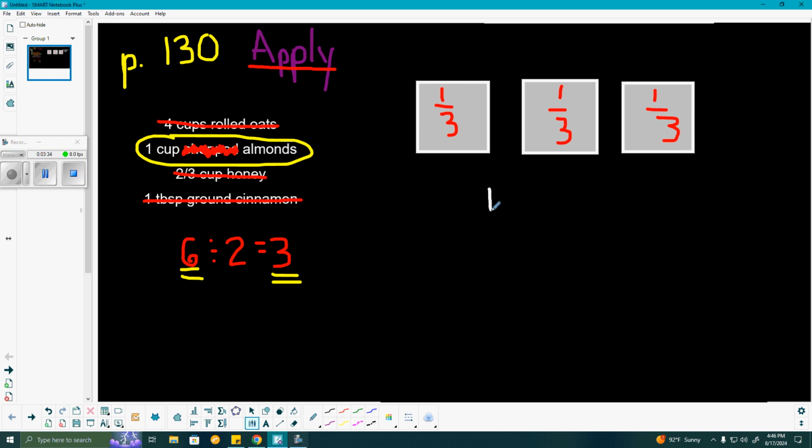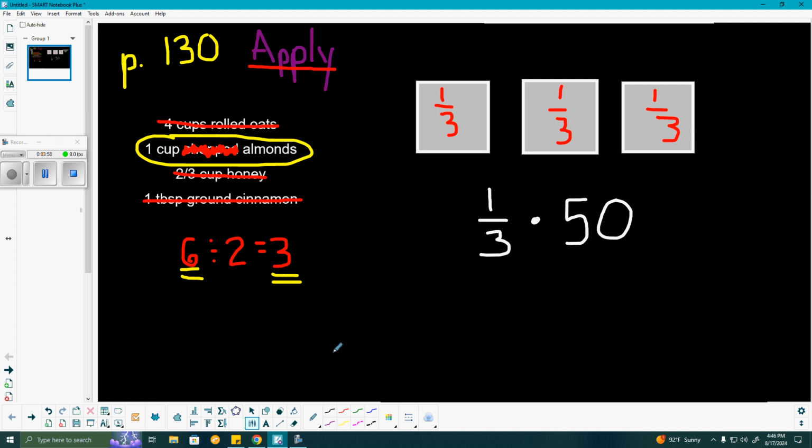Because the students want to make 50 bags to sell, we're going to multiply 1/3 times 50. Remember that this dot means multiply.